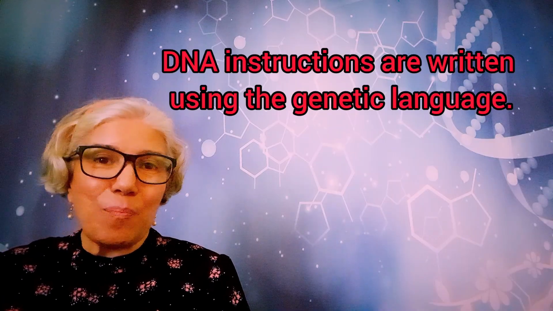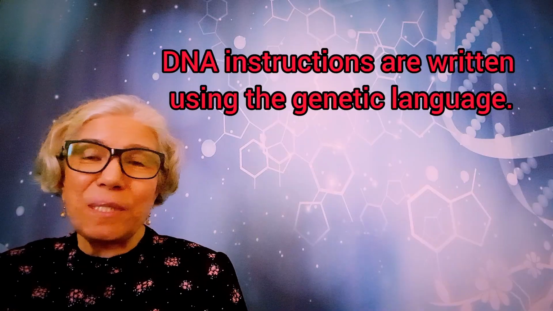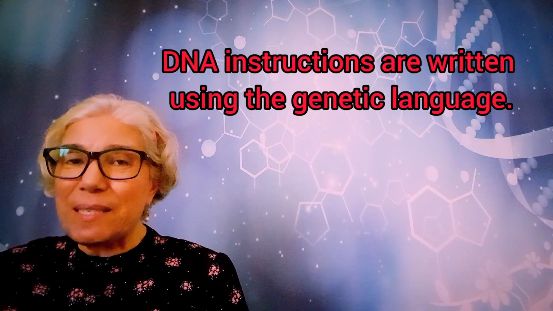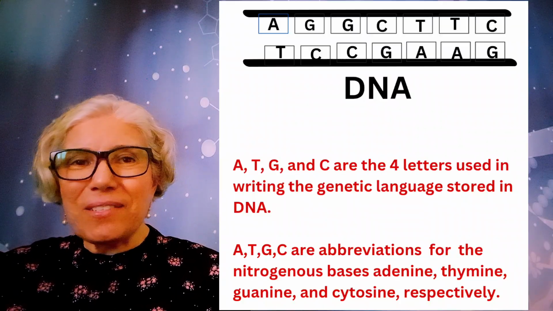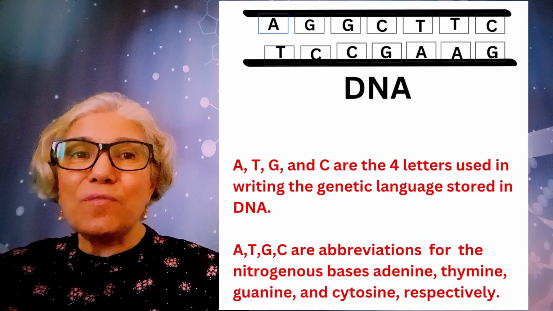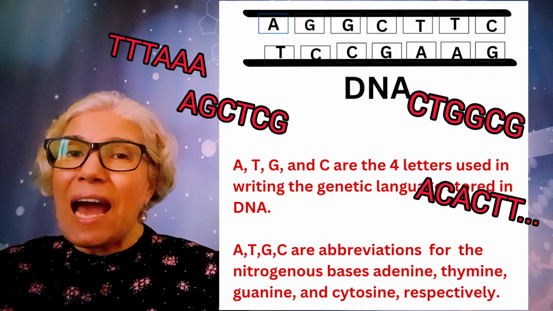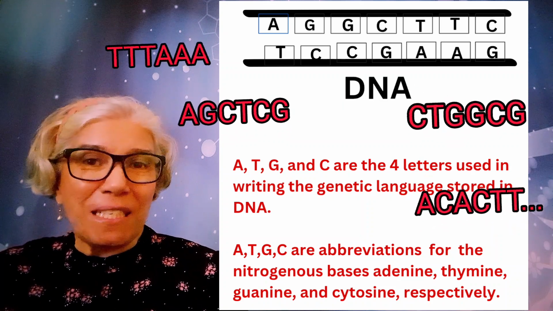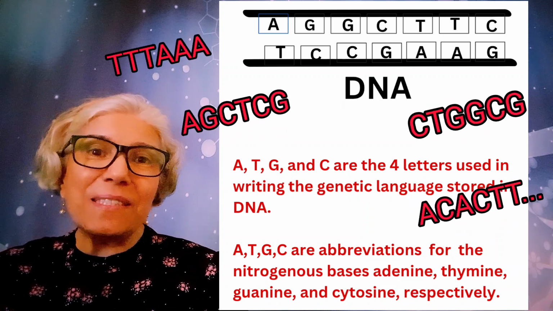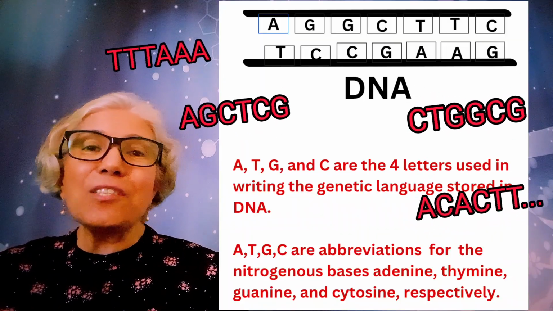English has about 26 letters. They are used to write almost infinite numbers of words, phrases, and sentences. Likewise, the genetic language has 4 letters, and they are used to write volumes of tremendous numbers of words and sentences having different genetic meanings, which are translated at the end to making and keeping the living organism, as we shall see during the course.